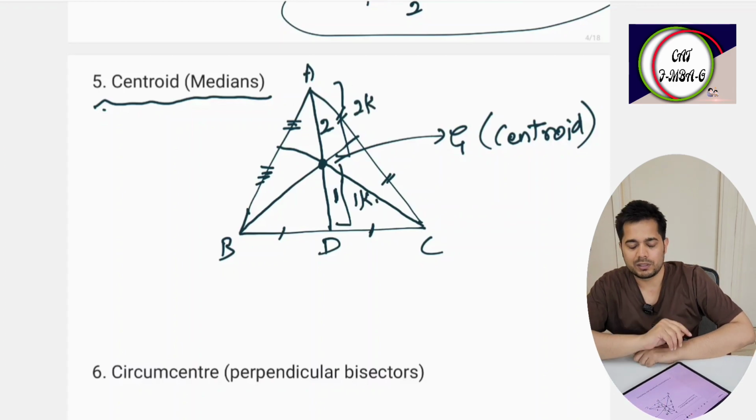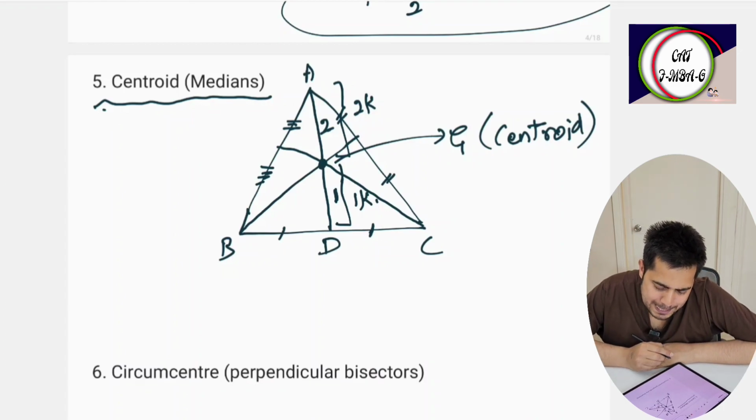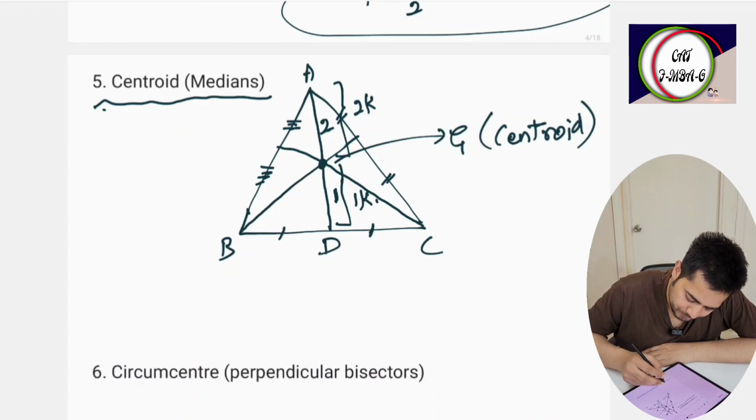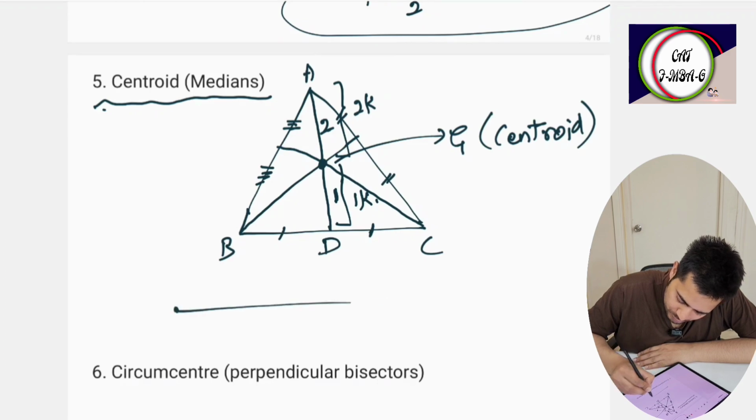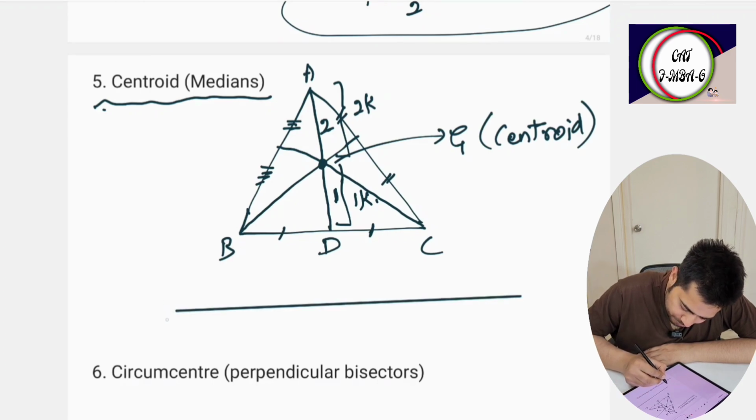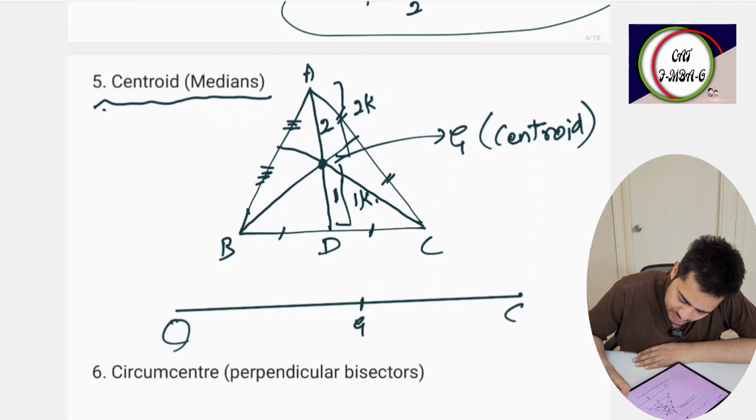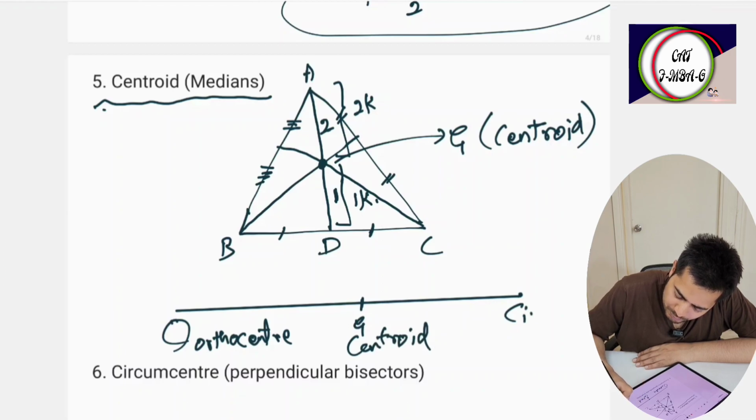Remember this. And also, if there is a line with C, G, O: G is the centroid, this is the orthocenter, and this is the circumcenter.